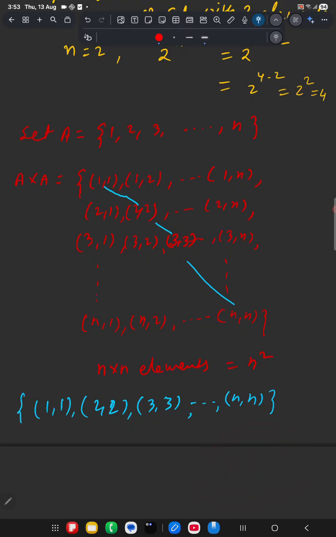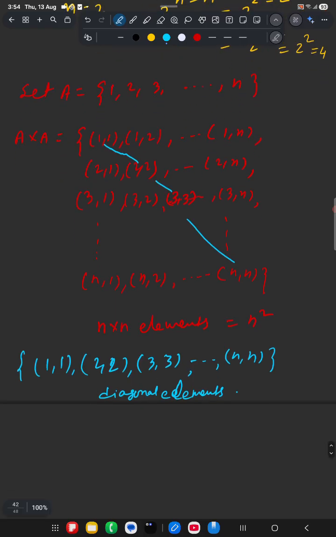This is the reason. So now just come back here. These are called the diagonal elements. These are the basic form of the reflexive relations. These elements must be there in the relations.